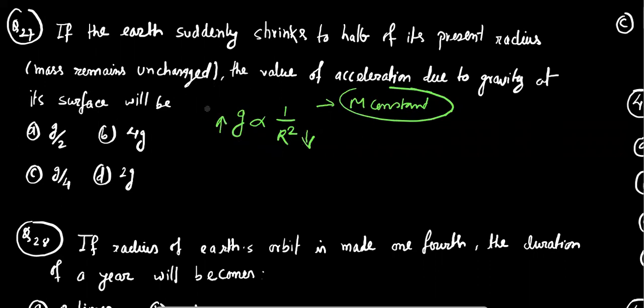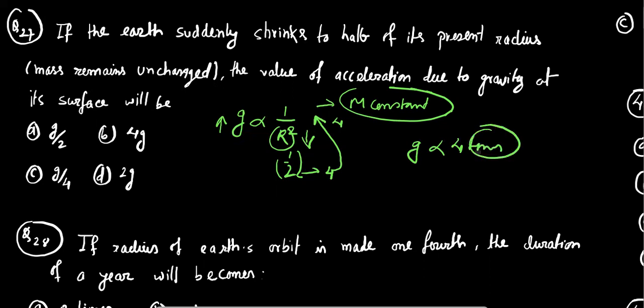From this question we replace the radius by one half, and its square gives 4, which goes in the denominator, so acceleration due to gravity becomes 4 times the original value. So our option will be option B.